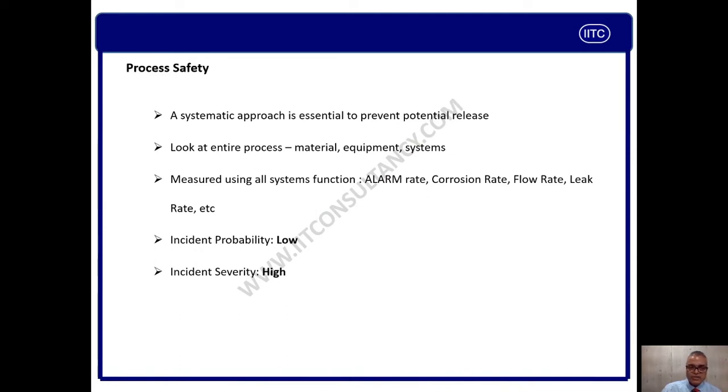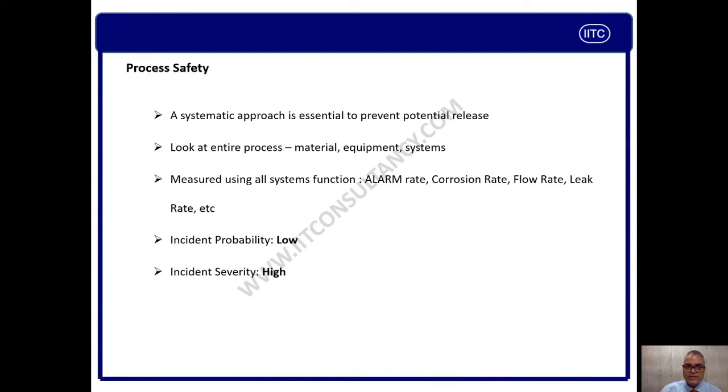Anybody and everybody who is in the contour of high fire, high radiation, high exposure zone will be affected and may be killed. That is why the severity is very high. Severity in terms of fatality, production loss, reputation loss, financial loss.